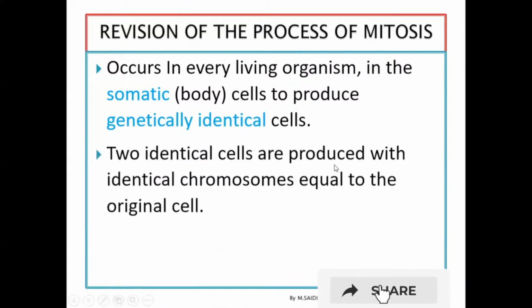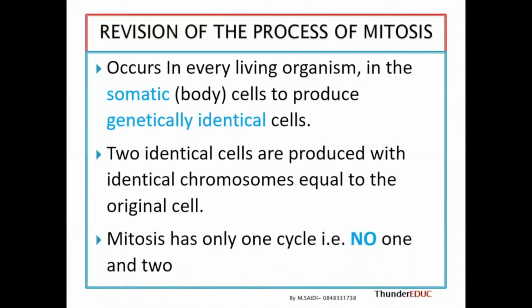So two identical cells are produced with identical chromosome number equal to the original cell. It means that the parent and the daughter cells are exactly the same. There is no difference. That's why when you get a wound, another meat develops. Those cells which develop are exactly the same.